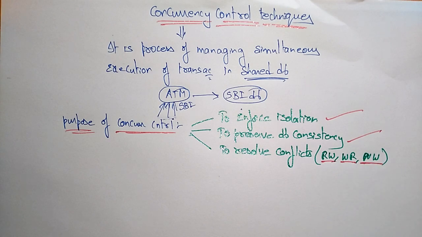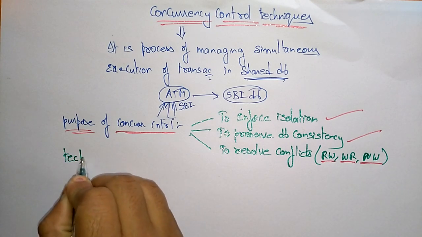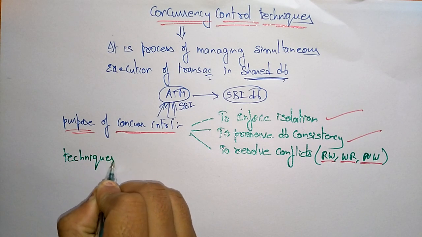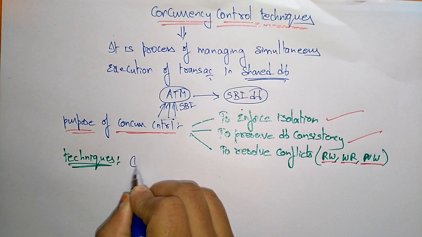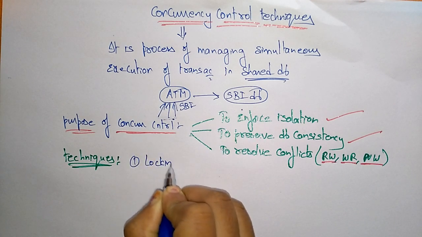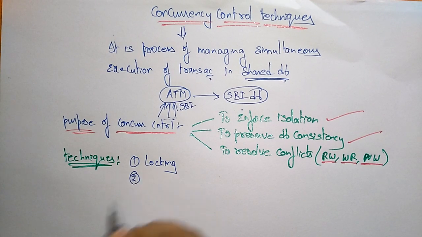So let us see what are the techniques of concurrency control. To maintain concurrency and control it, what are the techniques involved? The first one is locking. Locking is one of the techniques used in concurrency control.